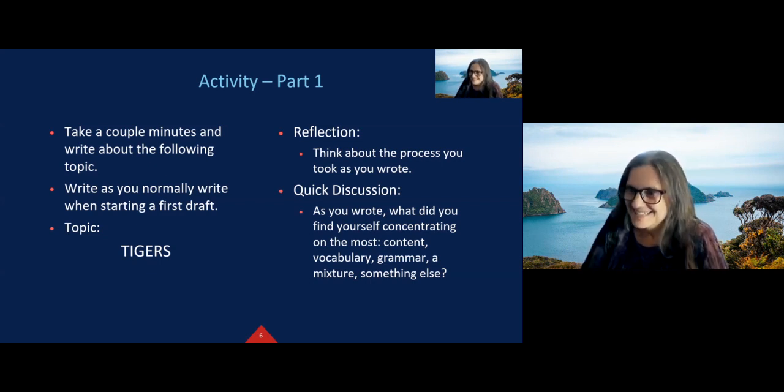But like most of my drafts, they're exercises in thinking first and foremost, and then it goes back to content. Then it goes back to grammar and vocabulary. But I try to not get too caught up, but I still find myself wanting good vocabulary or to express myself along the way. So a mix of everything.